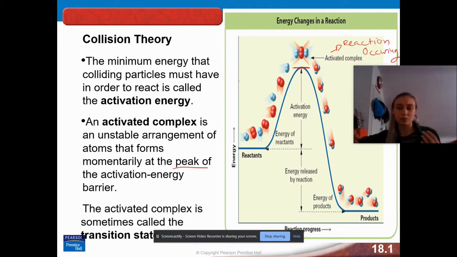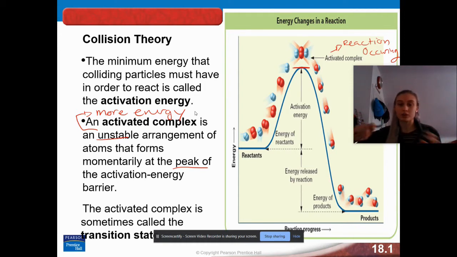And it's kind of an unstable arrangement. And we know when something is unstable, this means that there's a lot of energy. So there's more energy in unstable things than there are in stable things. Because when you're stable, you're happy, you don't have a lot of energy, you're good.